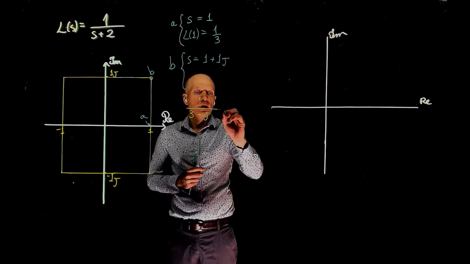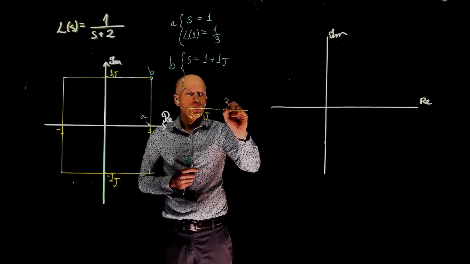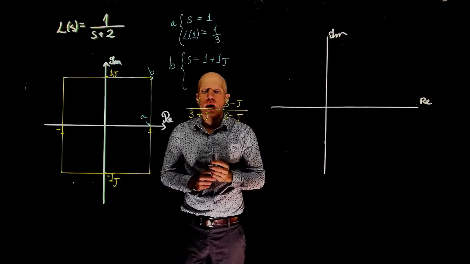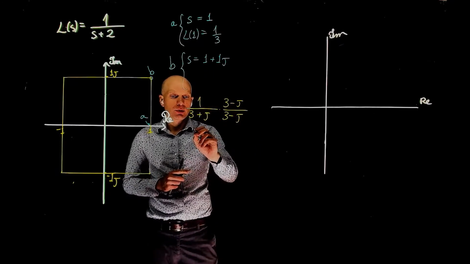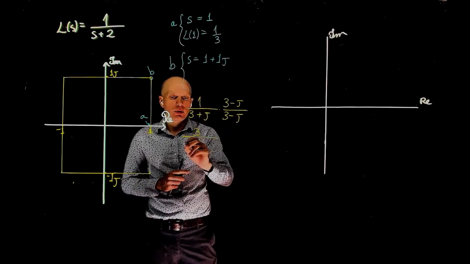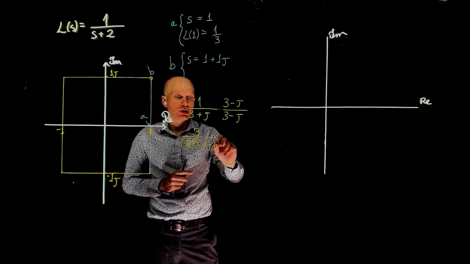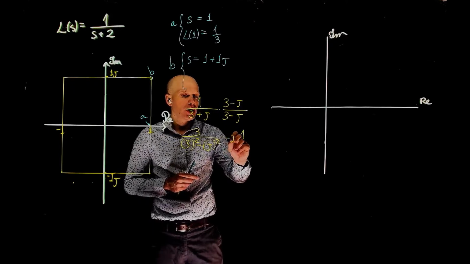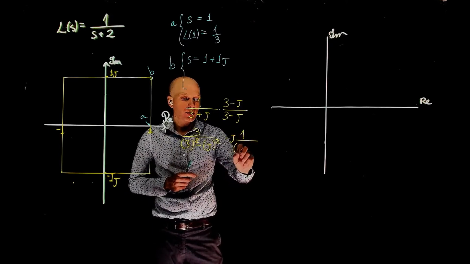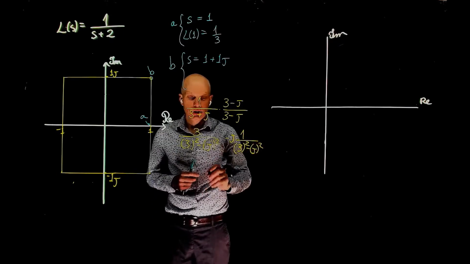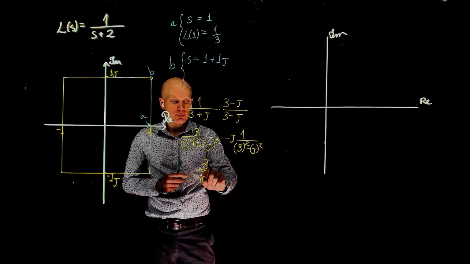We can now multiply this by its own conjugate, 3 minus j, and this is equal to 3 over 3 squared minus j squared, minus j times 1 over 3 squared minus j squared. And this is simply 3 over 10.